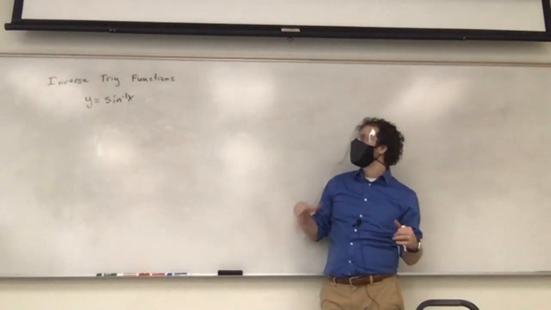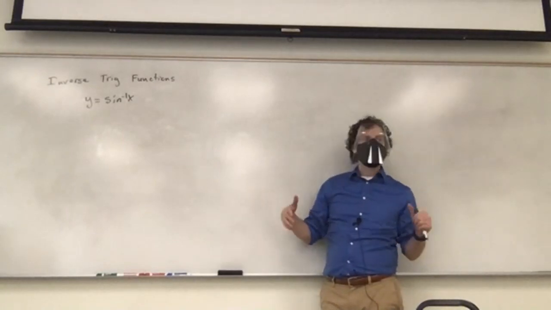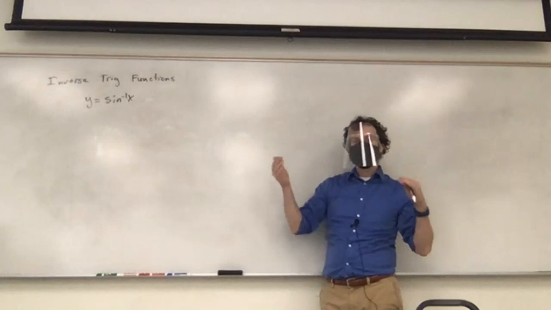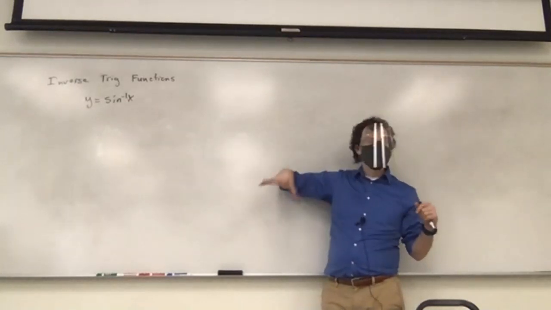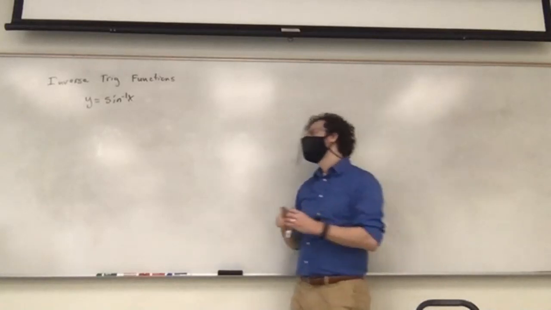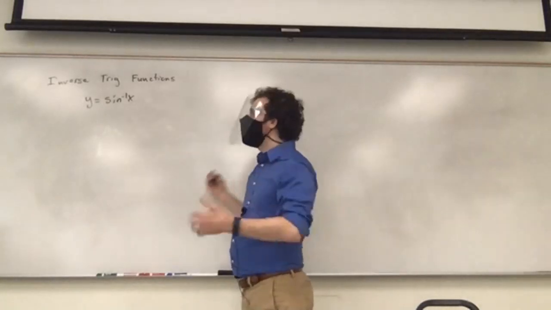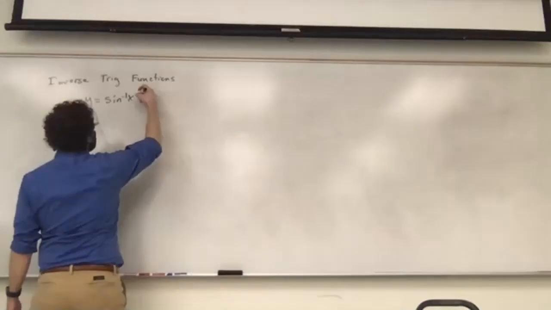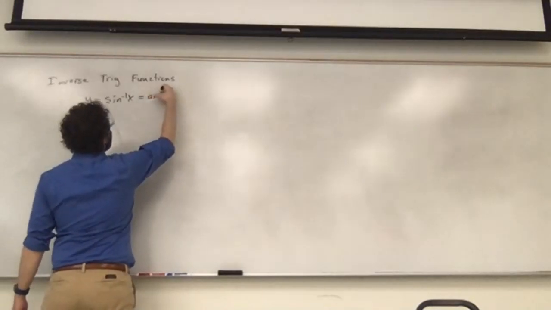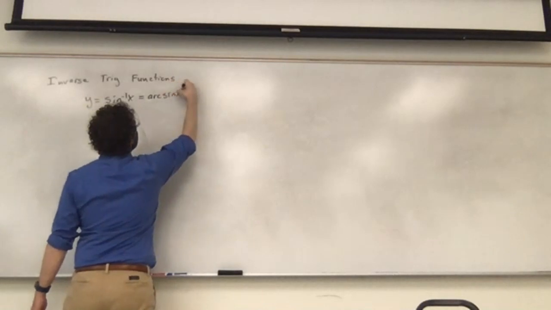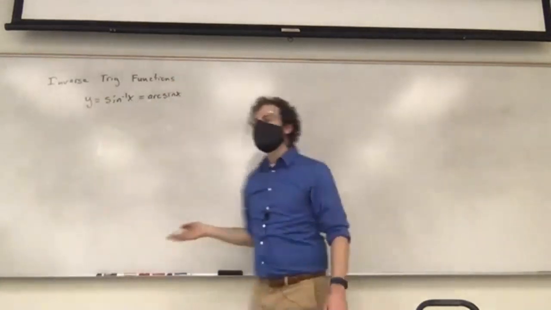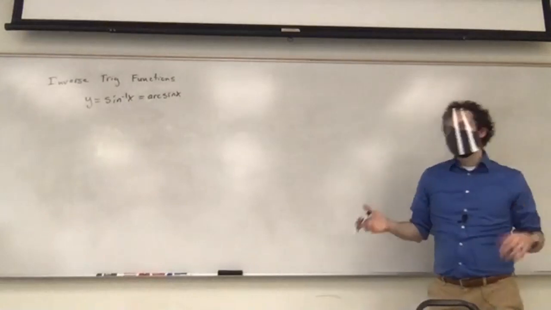When we've seen things like sine squared, that was sine and you're squaring that thing. In this case, it is not 1 over sine, it means inverse. Another notation that you can use, and either one is fine, I'll often use inverse sine, is arc sine, which is another notation that means the inverse of the sine function.